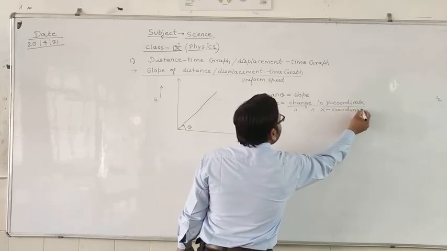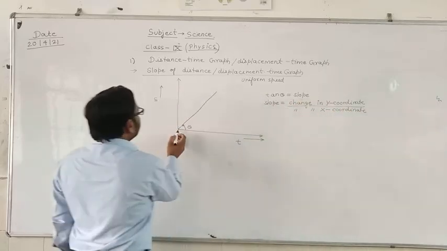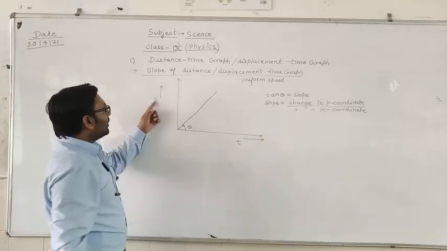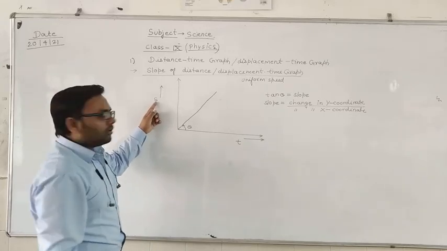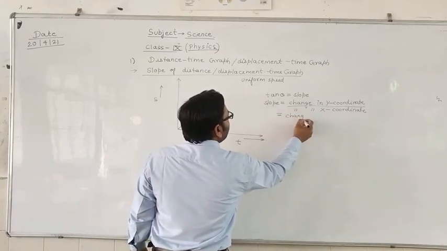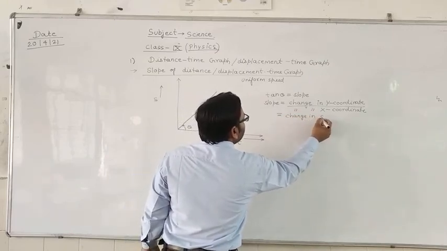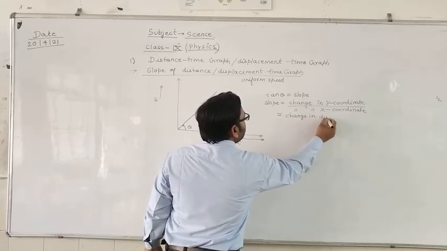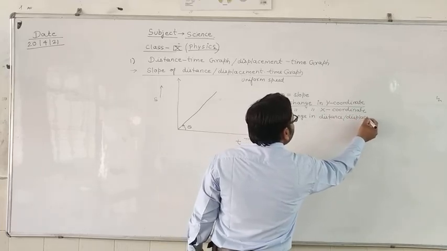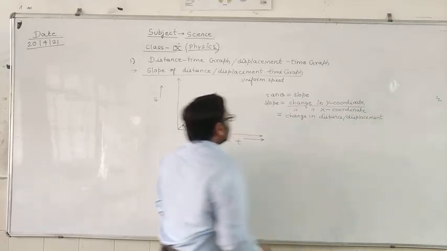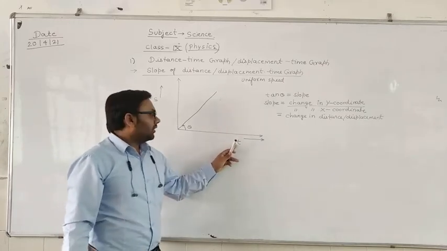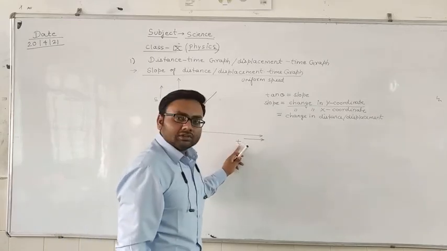Change in y coordinate means, on the y axis we have plotted the distance or displacement, so it means the change in distance or displacement, that is S. And the x coordinate means we have plotted time on the x axis, so the change in x coordinate will give you the change in time.